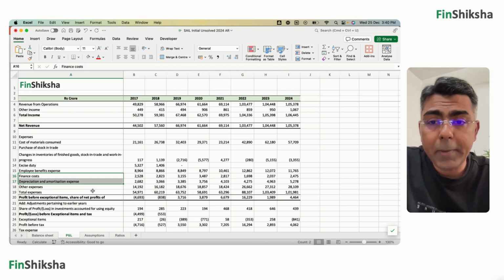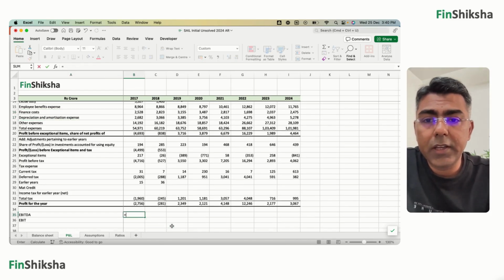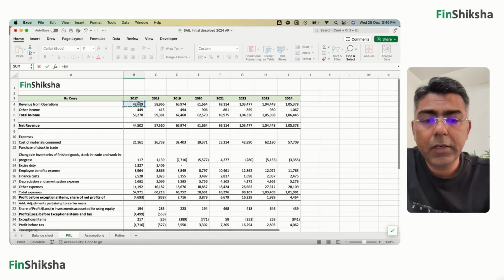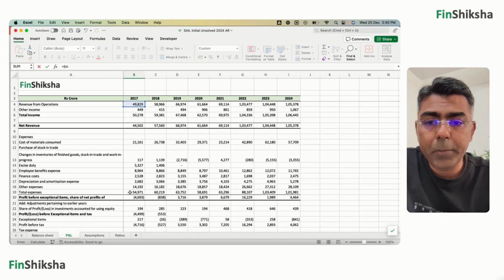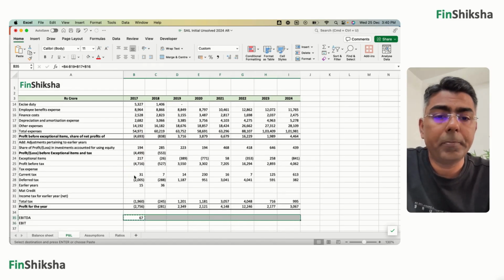So I have to add that back. So my EBITDA is going to be my revenue from operations in that year minus all my expenses, plus, remember the expenses already include depreciation, so I have to add back depreciation. I have to add back finance cost. That gives me my EBITDA.